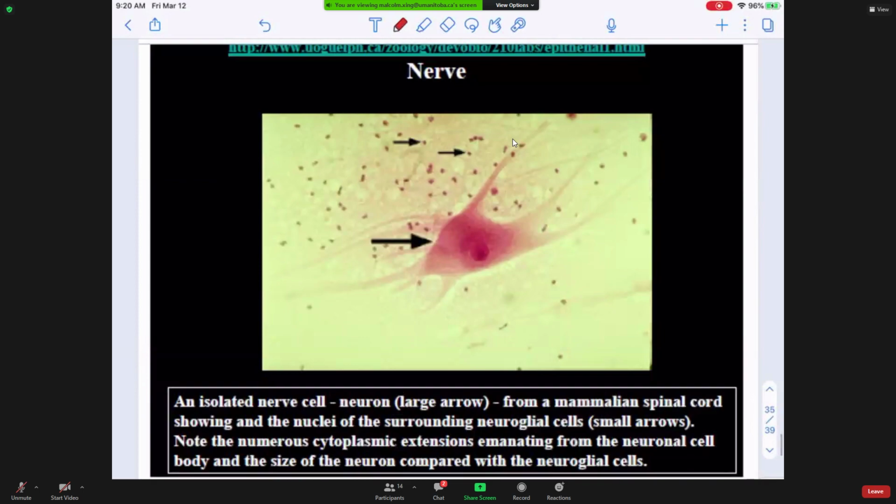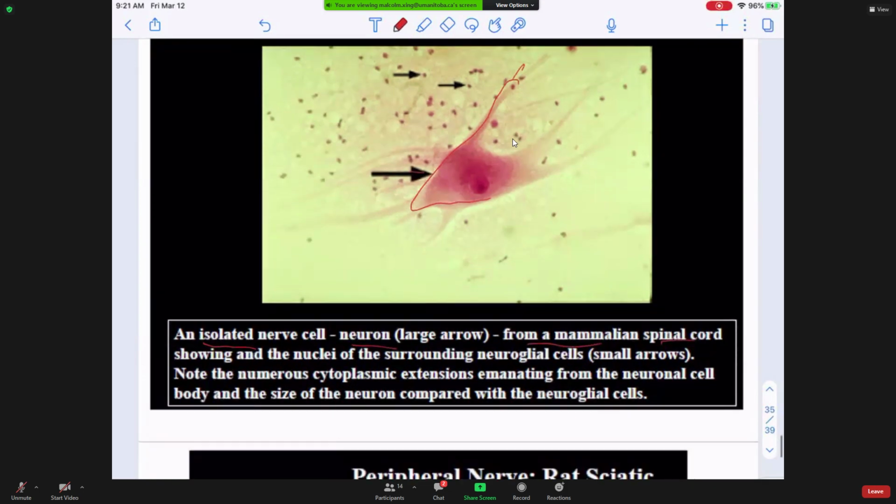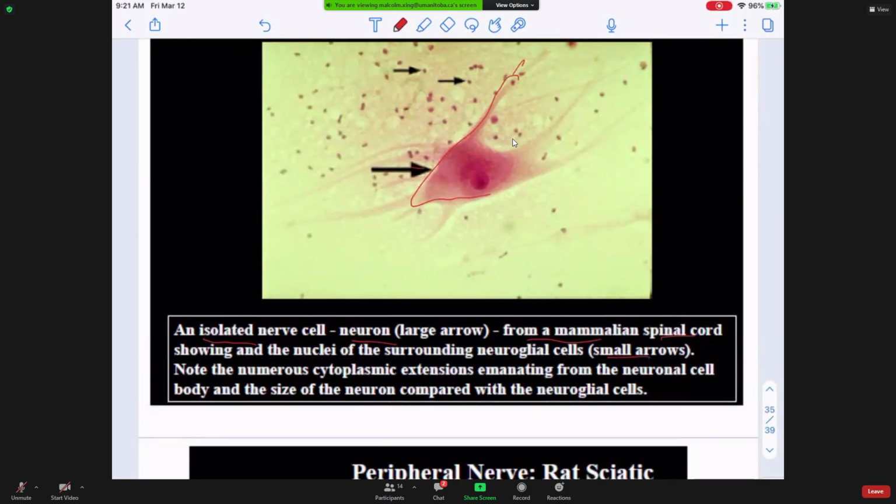And the nerve, like this one, you see, throughout the nerve cells, the neuron, a large arrow, and from the spinal cord, and the small arrow is like the surrounding neuroglial cells. The neuroglial cell is like a fibroblast cell, okay?